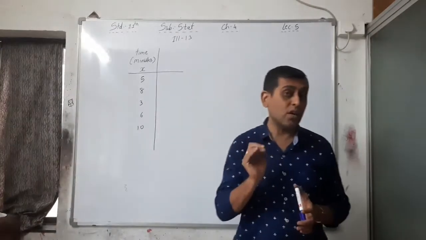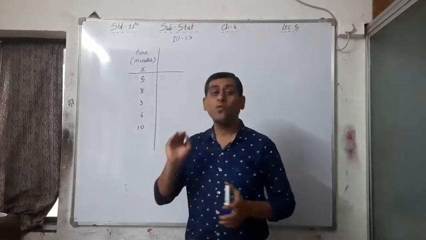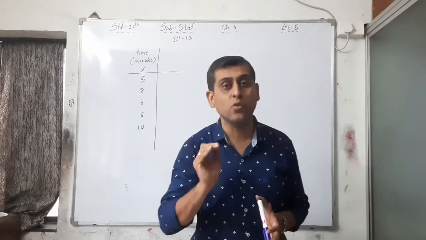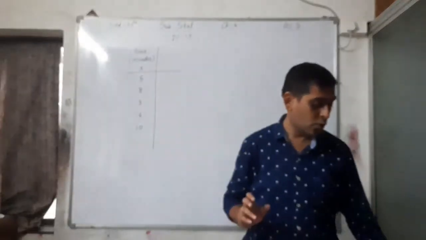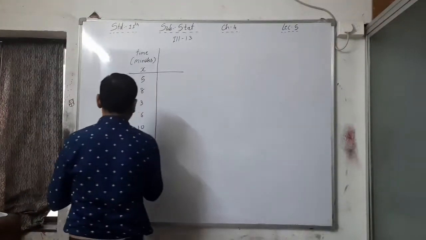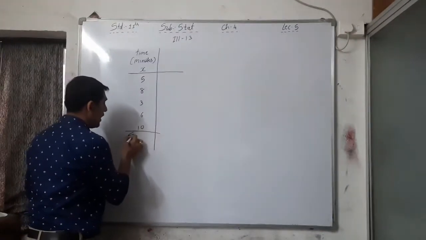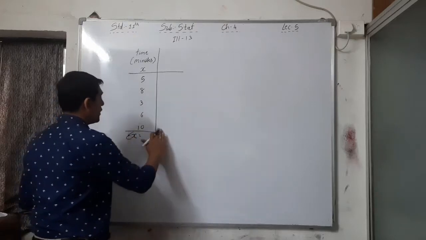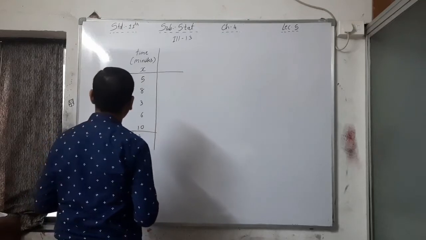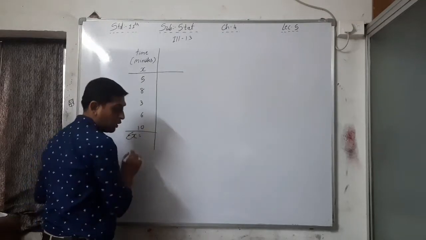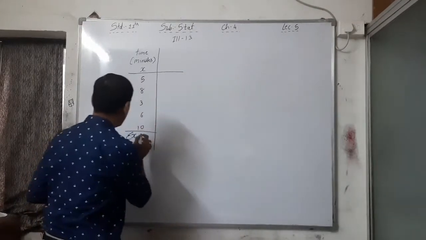So which method do we have to use here? To decide which method to use, we have to find x bar first. So what is x bar? Here sigma x is equal to what? What is the total here? 32 is the total.